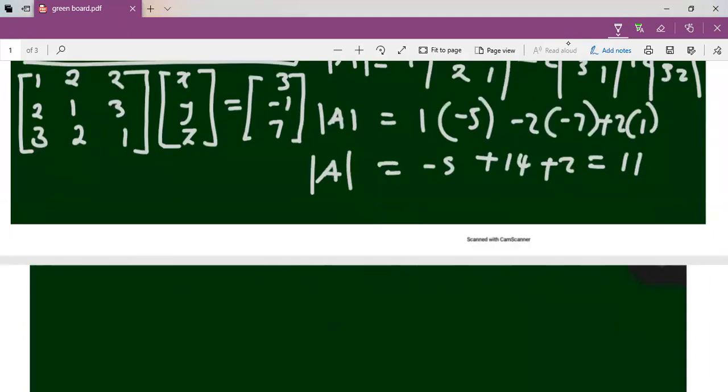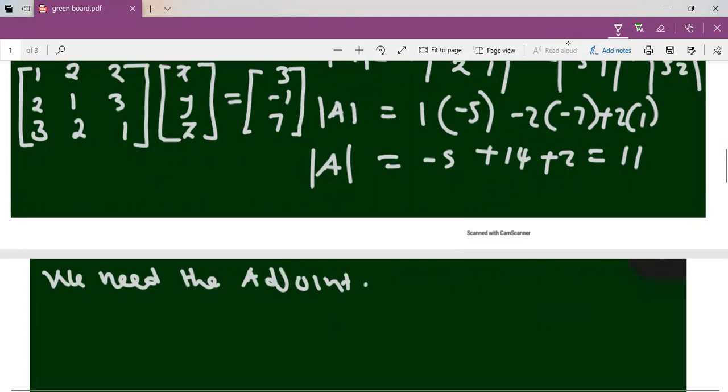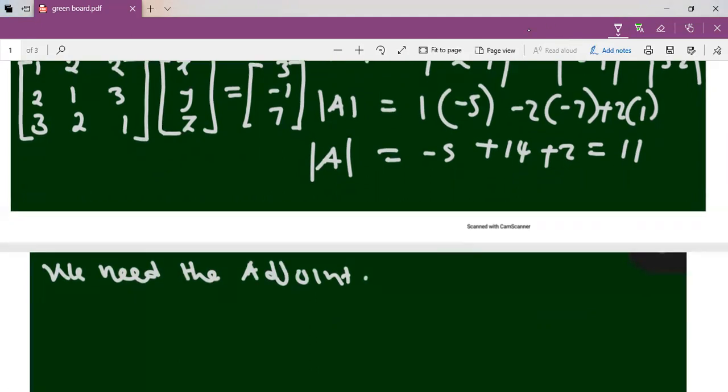All right. From here now, we have the determinant. We need the adjoint. To do that, we must find what we call the matrix of cofactors. The matrix of cofactors. So how do we get that?